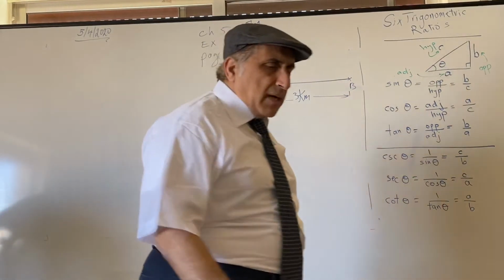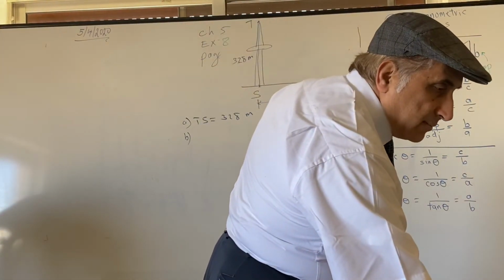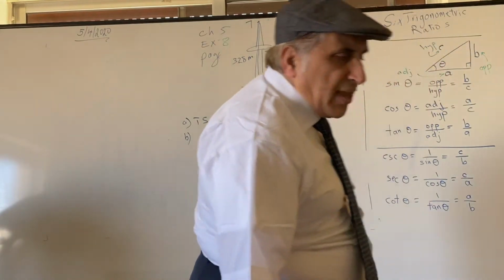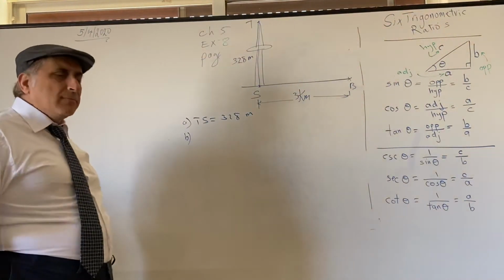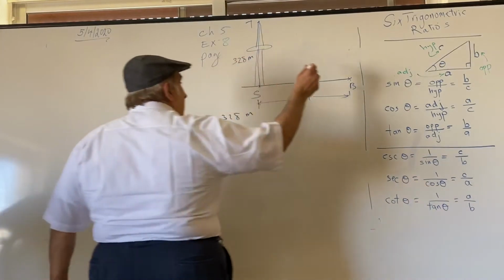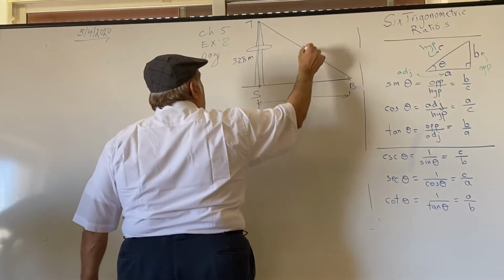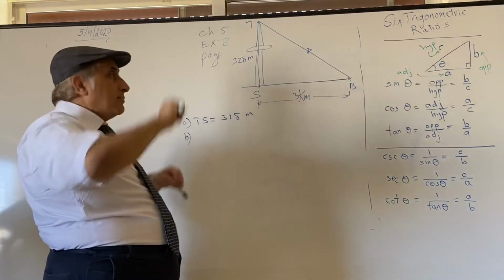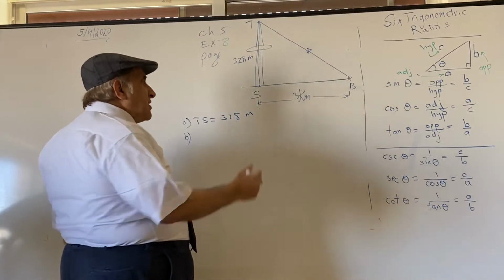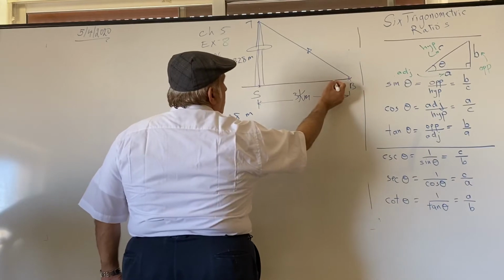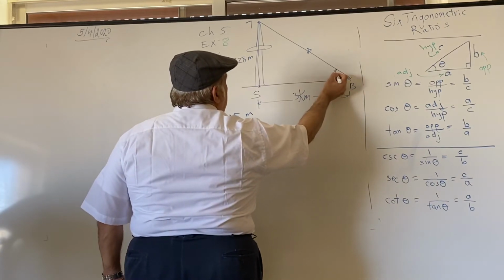Now, what does part B say? He wants the angle of elevation. What do you mean by that? Simply, if I am looking from B at D, my eyes, this is called my eyesight. I'm looking up there, okay? This angle goes from the horizontal towards the eyesight.